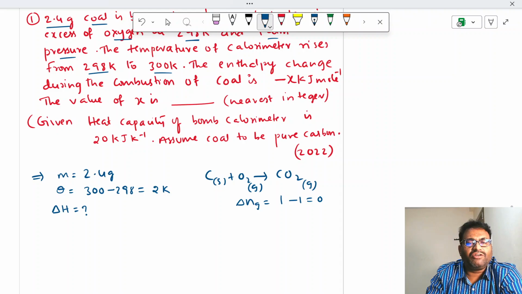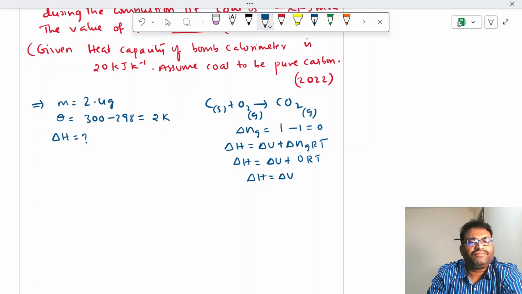So when delta n is equal to 0, delta H is equal to delta U plus delta ng RT, which is delta U plus 0 into RT. So delta H is equal to delta U. You can calculate in this way. If you calculate delta U, you can get the answer. Delta U is equal to, already we have derived a formula, Z into theta into molecular weight by m.